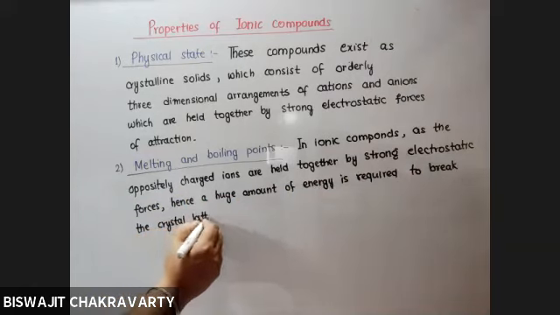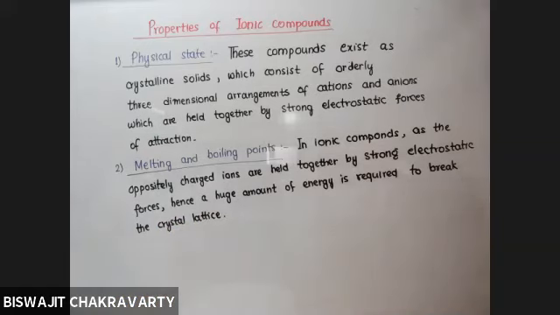Here I am using the term crystal lattice. Crystal lattice means the three-dimensional geometry which they have acquired after combining with each other. Because it's a very solid and very stable format, if you want to destroy it, it's like saying that if you want to destroy a very strong building, obviously you need to apply a huge amount of energy.